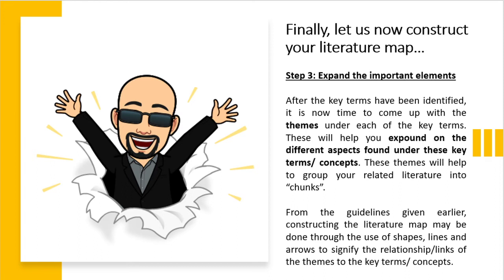Many times people will compose the review of related literature in a way that is more like a hodgepodge of different sources. There is no sense of coherence, no sense of direction, no sense of unity in the RRL, because all they did was say, oh, this literature is important, I'll place it here.